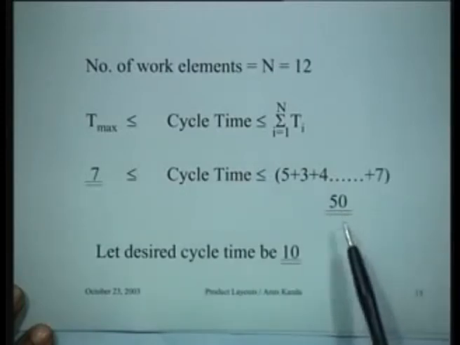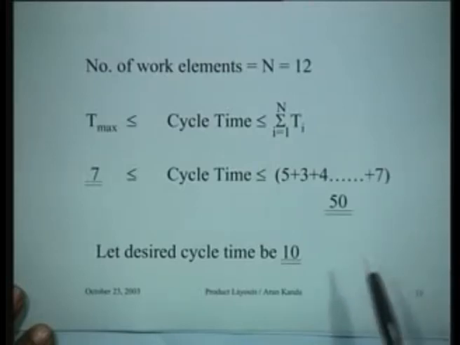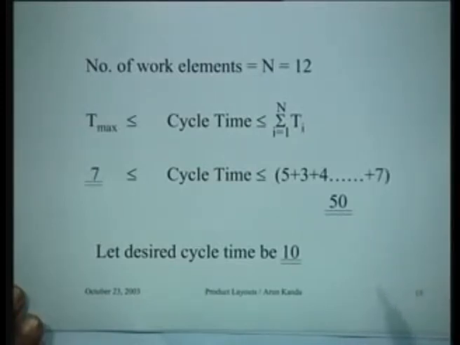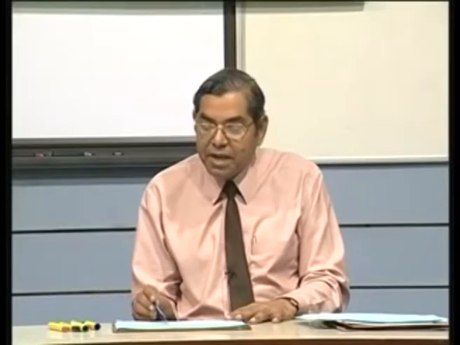So you don't really need to set up an assembly line in this range, right? And you can use that person for those 10 minutes to do something else. So you don't need an assembly line here.